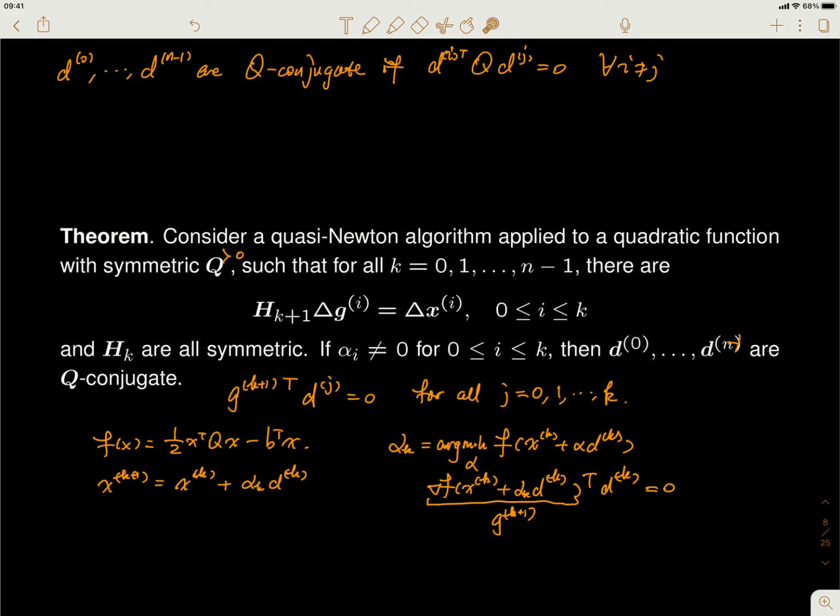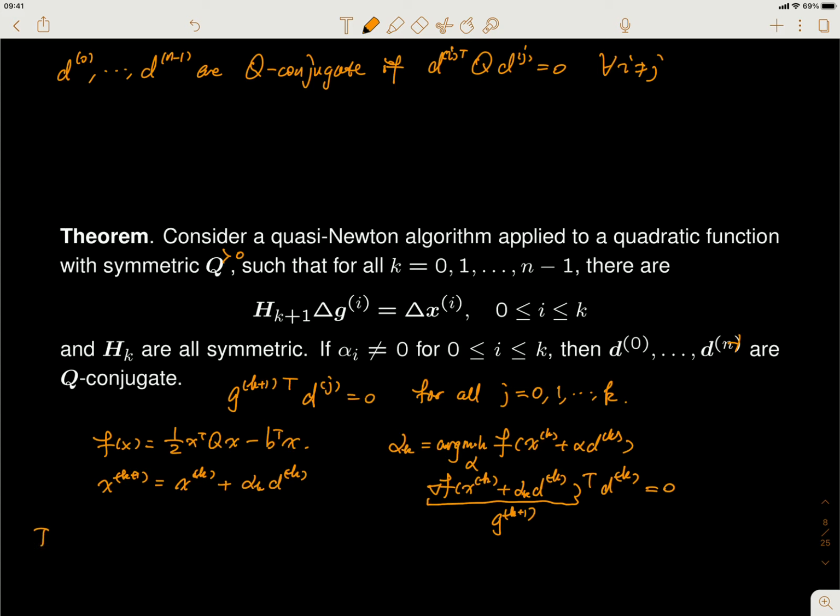So what we can do here is that when we apply the induction, we assume that dk is Q conjugate to all the previous dj's for j less than or equal to k minus 1. This is our induction hypothesis if we want to prove this theorem.